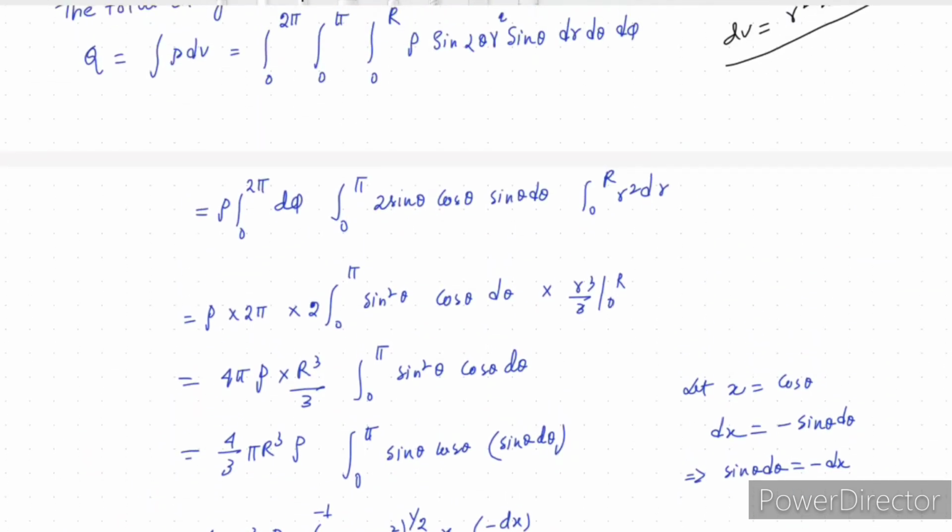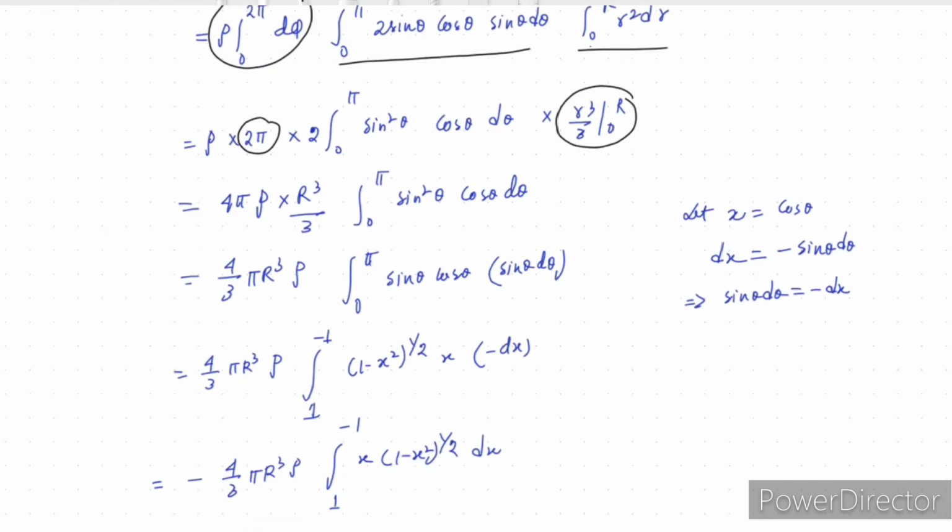This is the phi part, this is the theta part, and this is the r part. From the phi part we get 2 pi, and the integration of r square is r cube upon 3. From these we get 4 by 3 pi r cube into rho, and the integral from 0 to pi of sin theta cos theta sin square theta cos theta dtheta.